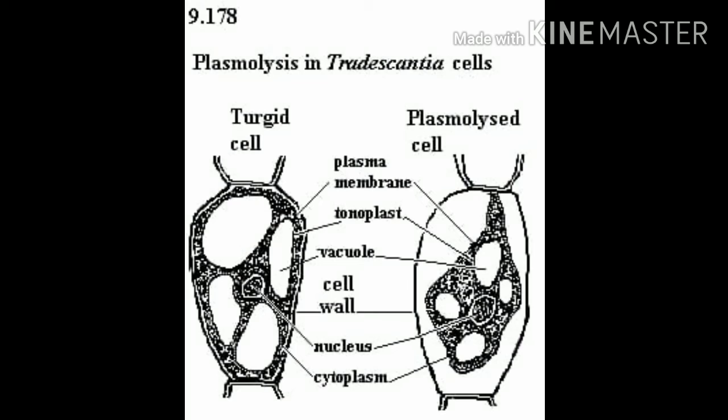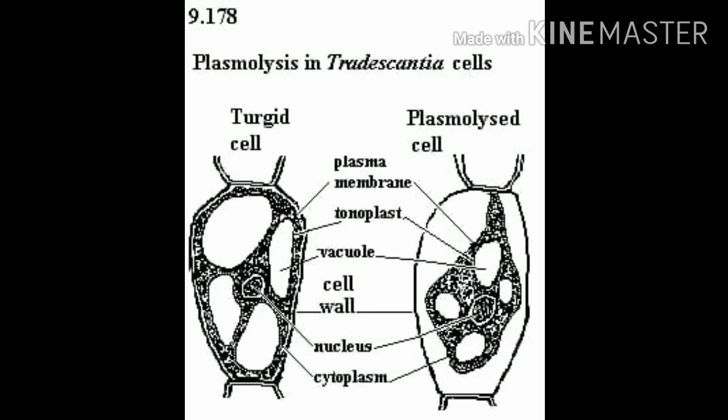What is this tonoplast? It is the layer surrounding the vacuole. And along with this tonoplast you can also observe the cell wall, nucleus, cytoplasm, and also the plasma membrane of the cell. Generally we conduct these plasmolysis experiments to study the plasma membrane.